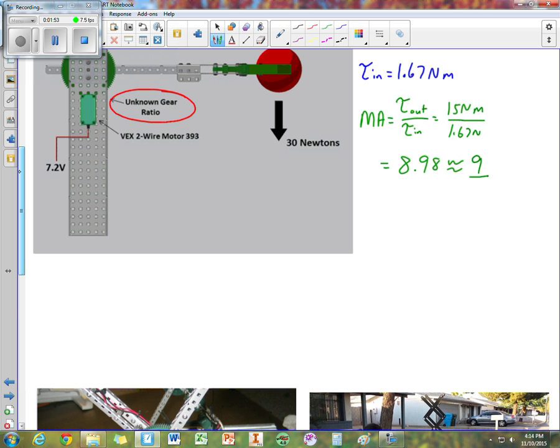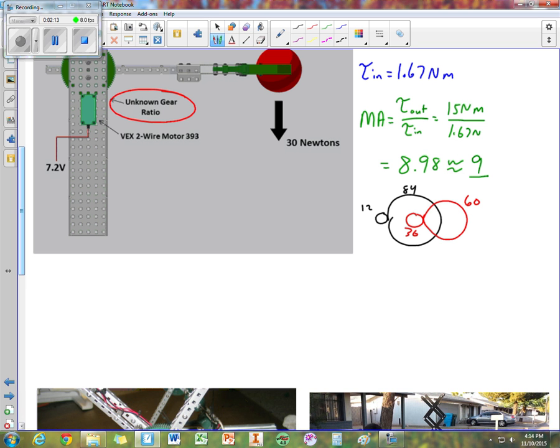And looking through the VEX gears, I think the best way to get that would be to use a 12-tooth gear meshed with an 84, and then in compound a 36 to a 60.